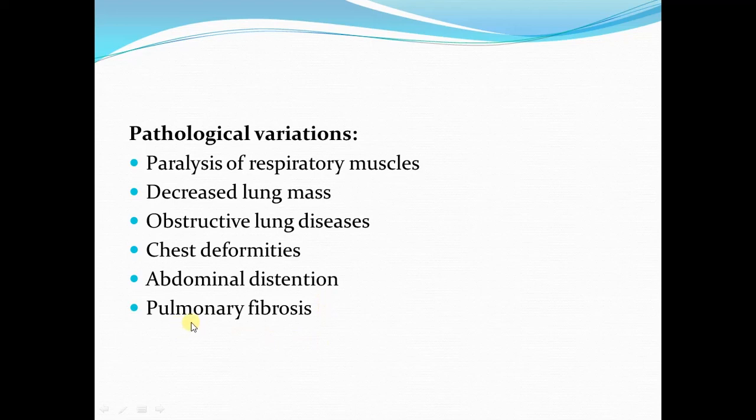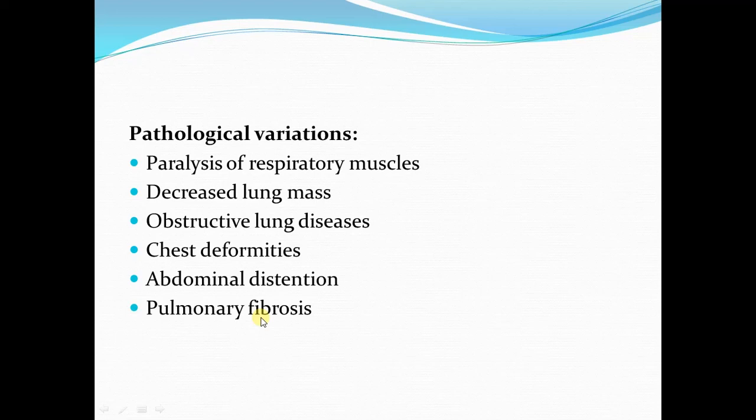Then there is another disease of the lung known as pulmonary fibrosis. Now this disease is characterized by formation of fibrous tissue in the lungs, which has less elasticity as compared to the normal elastic tissue present in the lungs.